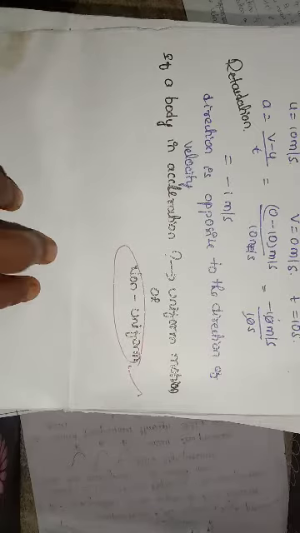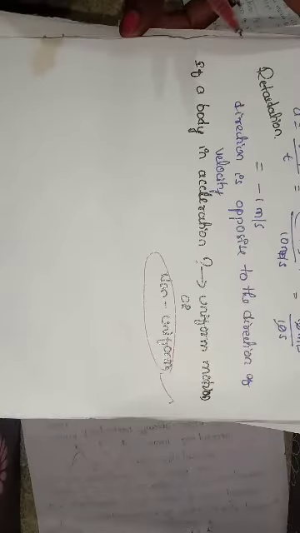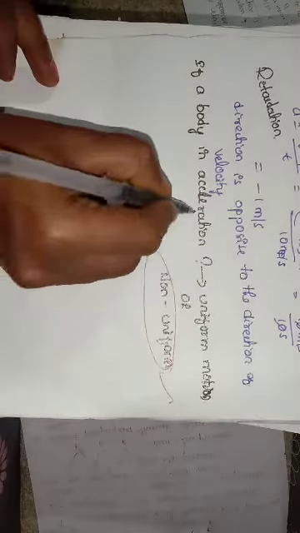Velocity is constant means there is no acceleration. If there is either an increase or decrease in velocity, then the body is said to be accelerating, right? So if the body is in acceleration, it is in non-uniform motion.